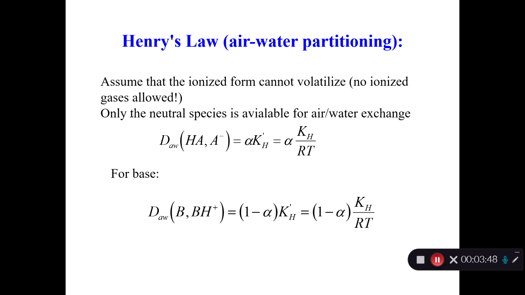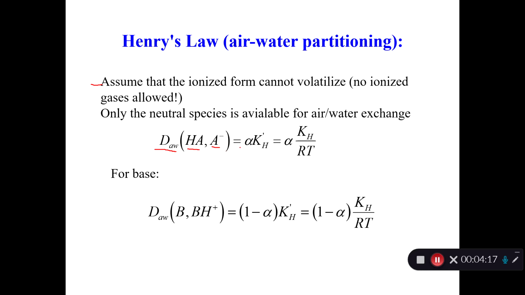What about Henry's law? Well, we can safely assume that the ionized form cannot volatilize because ions just don't go into the gas phase. So we could calculate this thing that we call the distribution coefficient, DAW. So instead of KAW, which is an equilibrium constant, we're going to calculate a distribution coefficient, DAW, which applies both to the neutral form and the anion here, if we're talking about an acid.